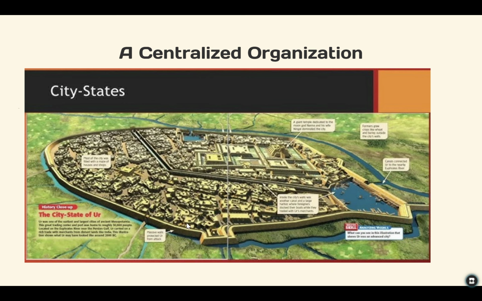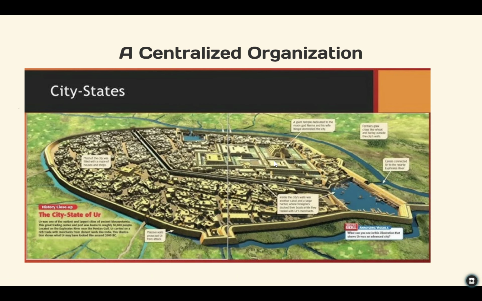So there would be an area with wealthy and poor homes. There would be an area for shops. There would be an area that housed the ziggurat and the government buildings. And the ziggurat was most often in more like the center and the highest point of a city-state in Mesopotamia.